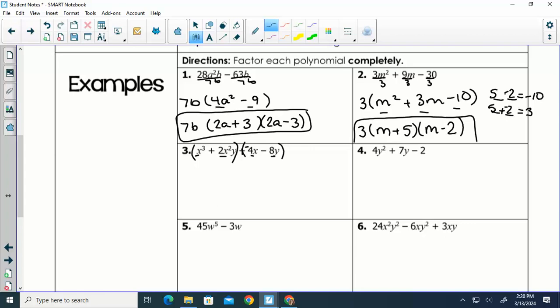So in the first parenthesis, x cubed and 2x squared y, what do they have in common? X squared. If you factor that out, we had 3 x's, we took out 2, so there's 1 left. We took out the x squared, so that is a 2y. All right, second parenthesis, negative 4x and negative 8y. What can we take out? 2, but we can go bigger. 4.